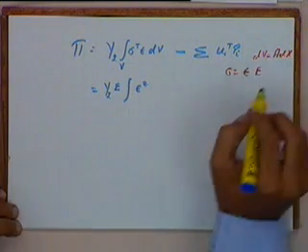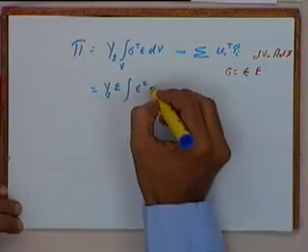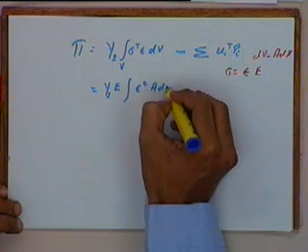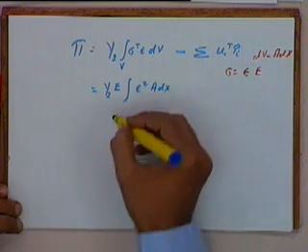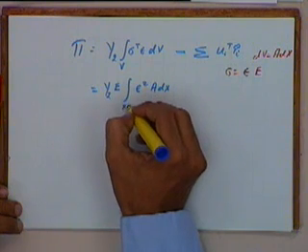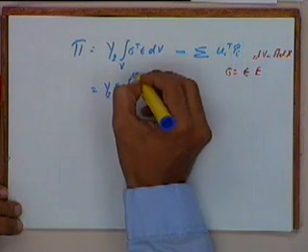So it becomes epsilon squared into A into dx, and it's a volume integral, so it will be an integral from x equal to 0 to x equal to 2L.